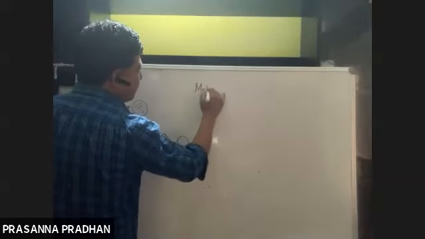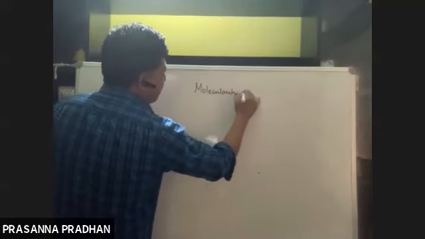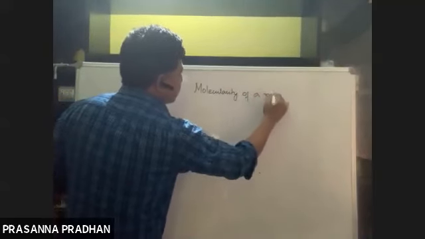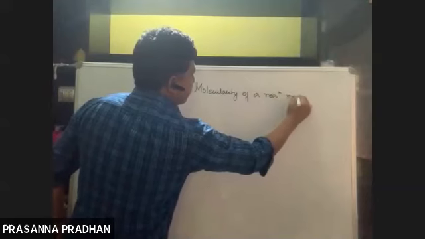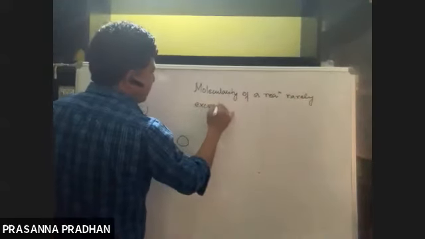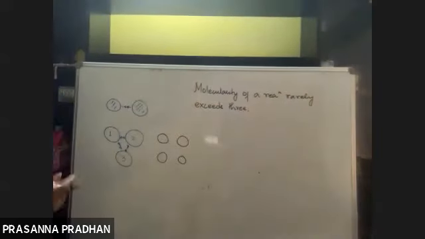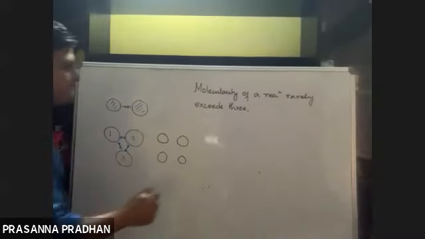That is why it is said that molecularity of a reaction rarely exceeds 3. That means the molecularity cannot be 4. Tetramolecular reactions are very rare. Why?